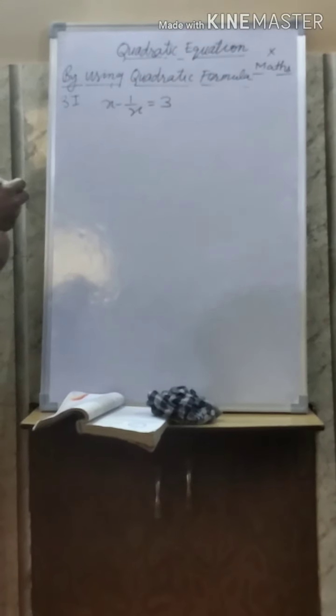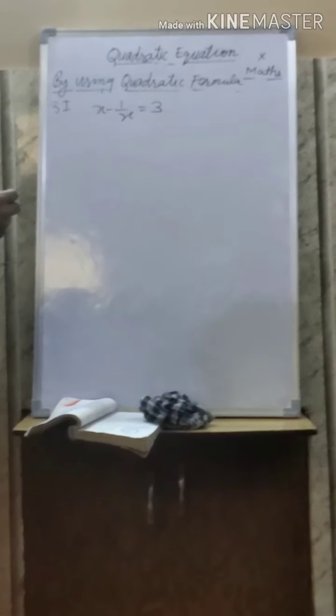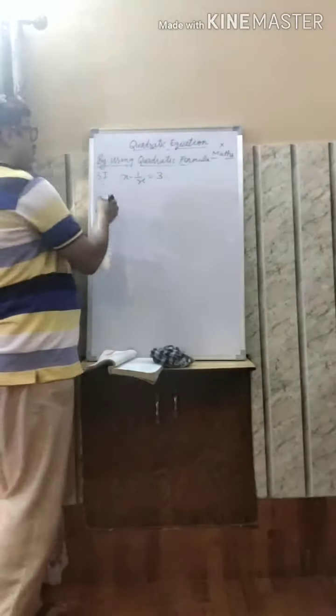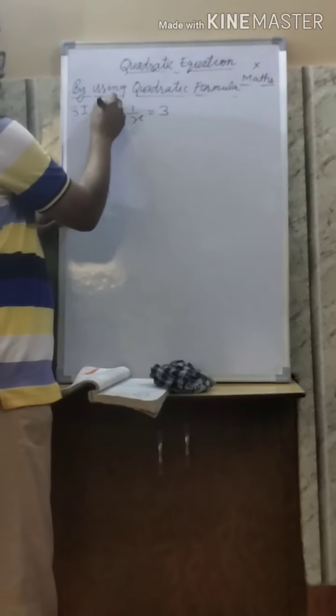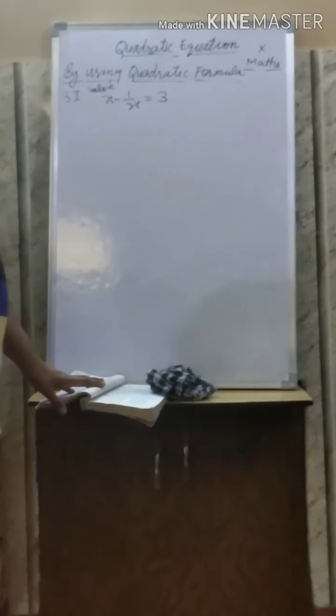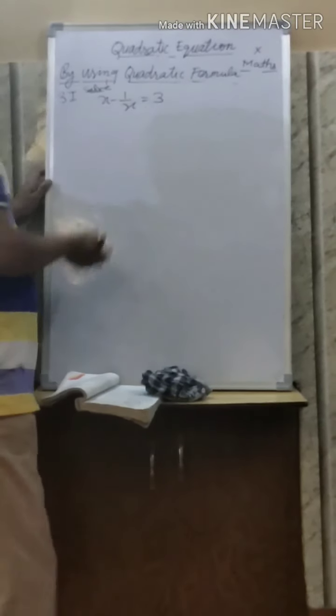You have to solve. It means you have to check by which method you can solve. He is saying just solve the equation, find the value of x. Then you have to see by which method you can solve.